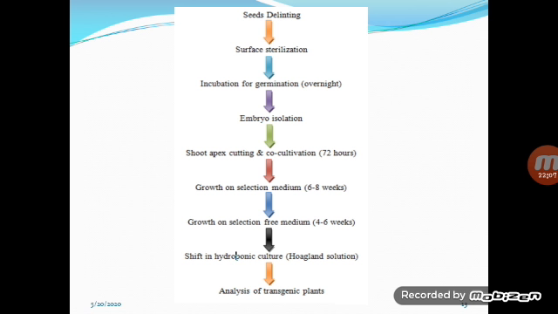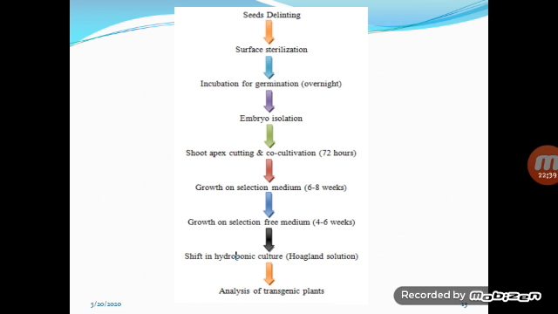The next day, the embryo will start to germinate. These embryos will be isolated or separated from the seeds. Then comes shoot apex cutting and co-cultivation. Shoot apex cutting of the embryo, and co-cultivation means embryo plus Agrobacterium cultures.